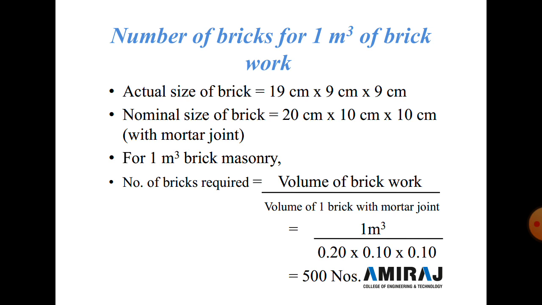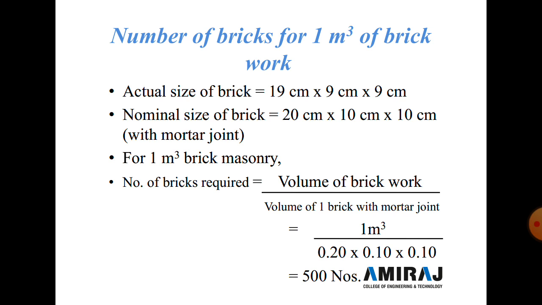So 19 plus 1 means 20 centimeter, 9 plus 1 means 10 centimeter, and 9 plus 1 means 10 centimeter. So the nominal size of the brick with mortar thickness is 20 by 10 by 10 centimeter.